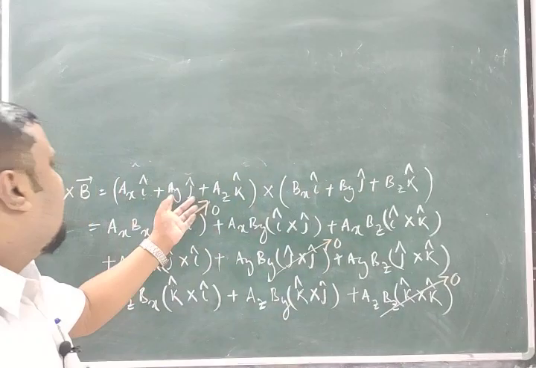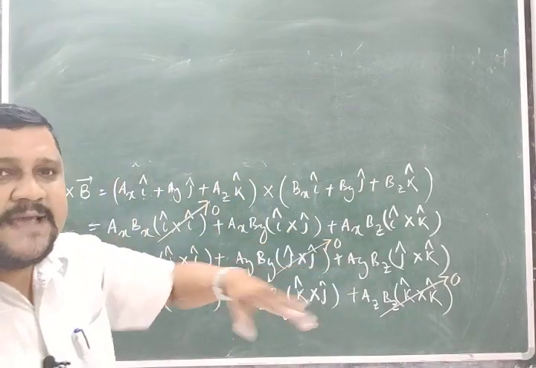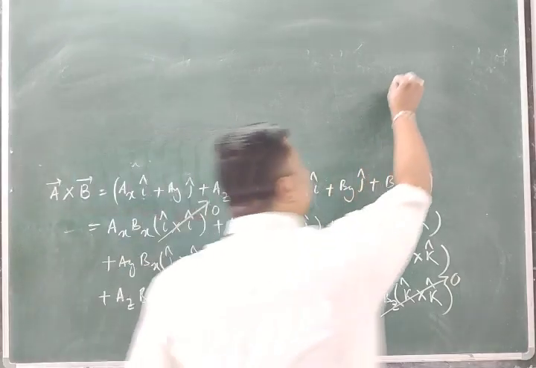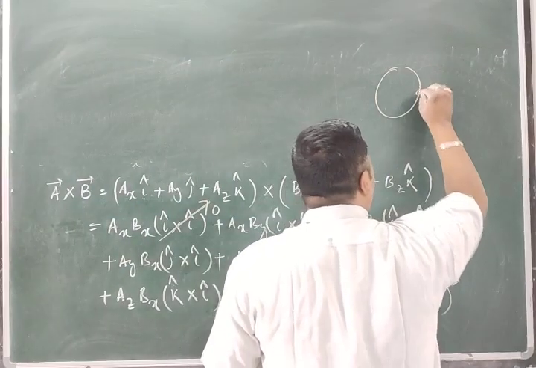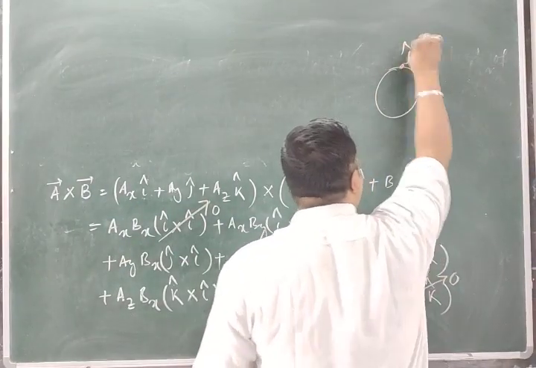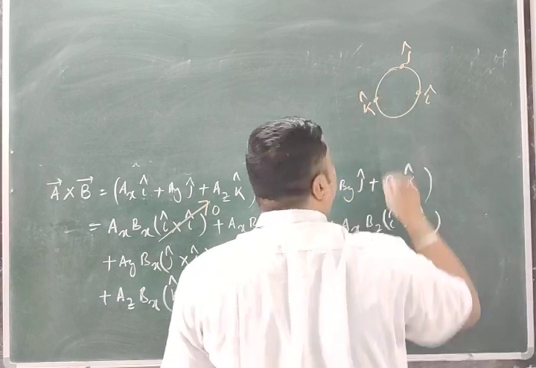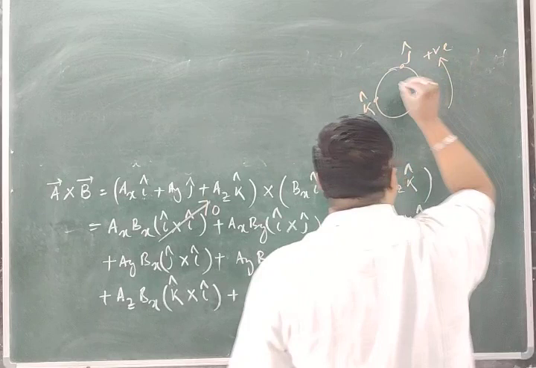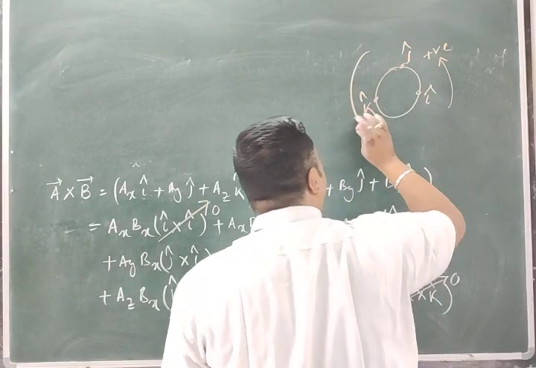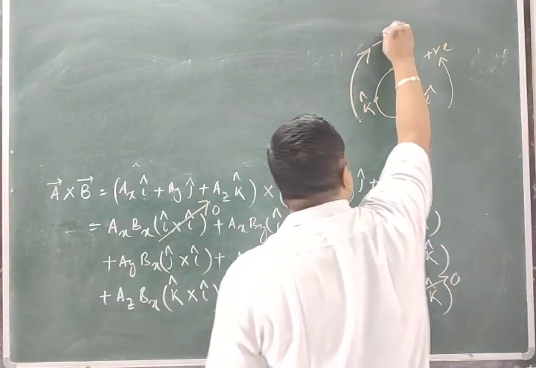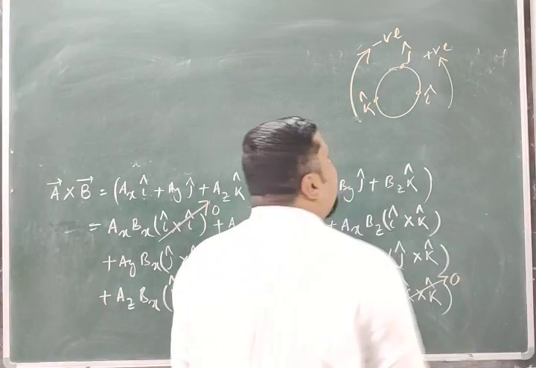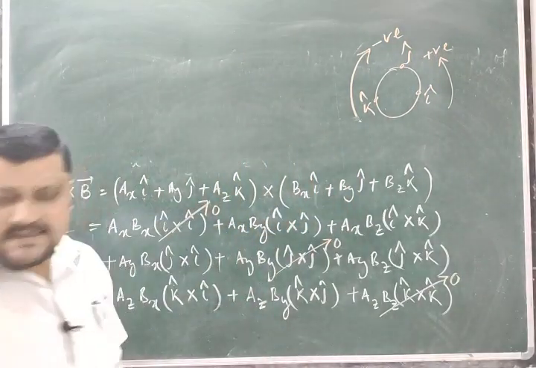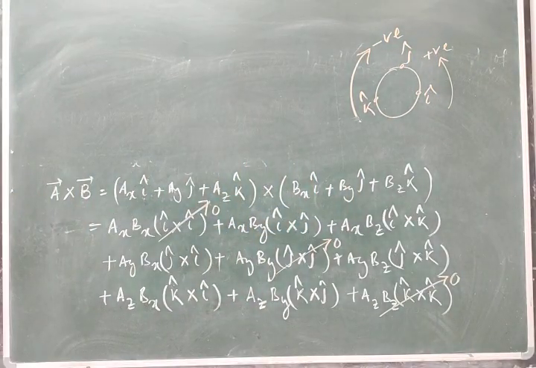Now go to the rule i cross j cross k. To know this one, do the same thing: i cap, j cap, k cap. This anti-clockwise is positive, clockwise is negative, right? Anti-clockwise positive, clockwise negative. Now you do this one.